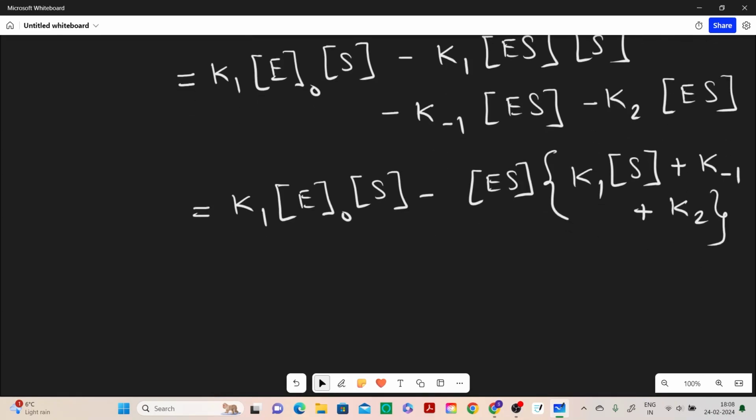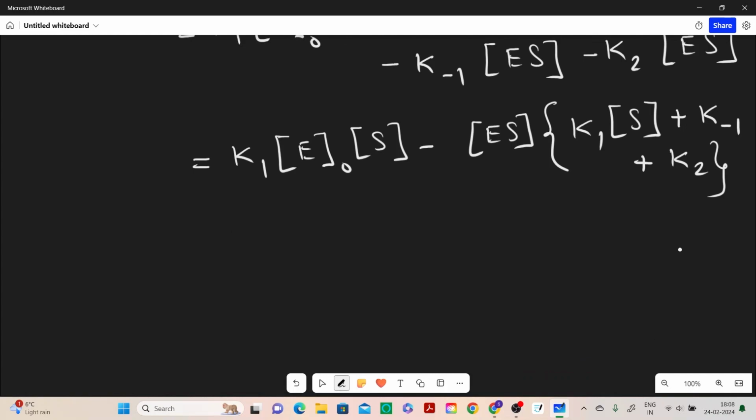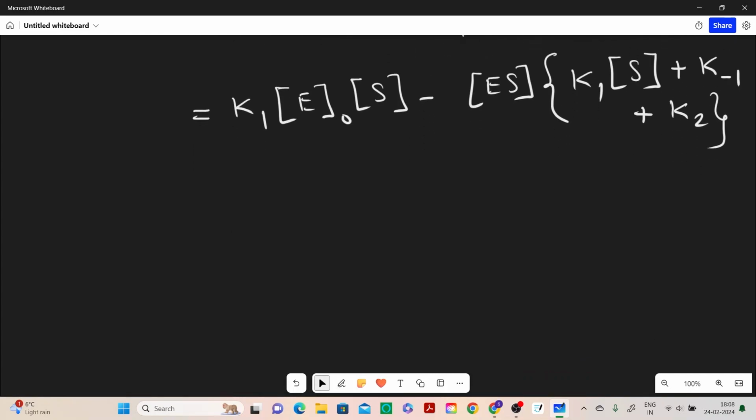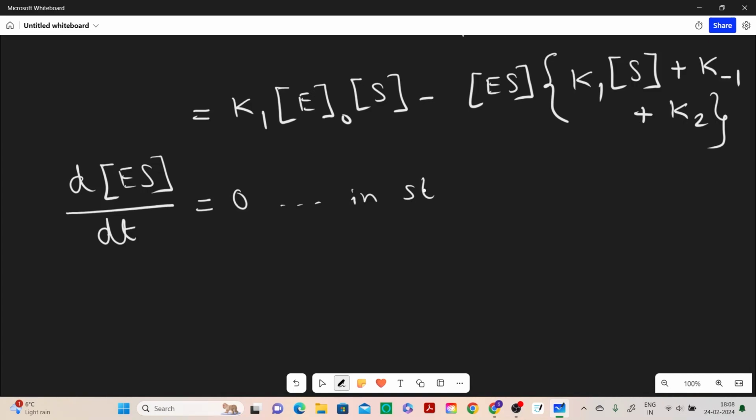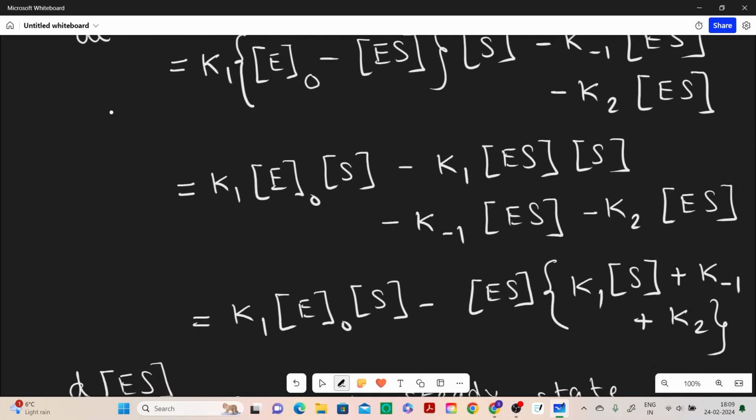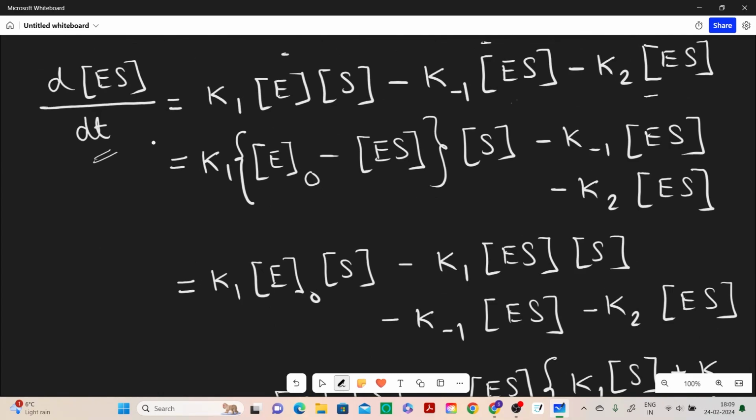Okay, and now here comes the steady state approximation. From the steady state approximation, we know that the rate of change in the concentration of the complex is equal to 0 in steady state. Now, what we derived here was basically the rate of change in the concentration of enzyme substrate complex.